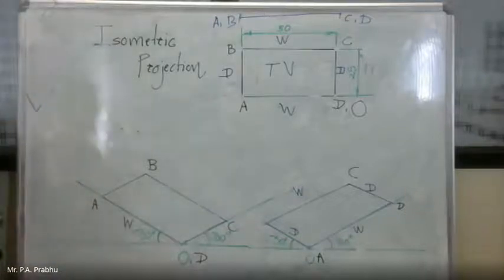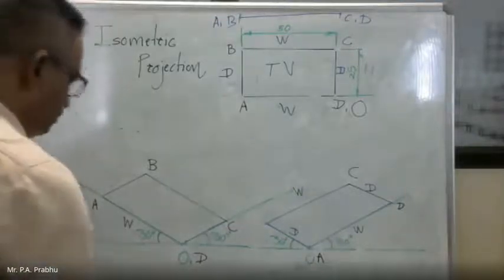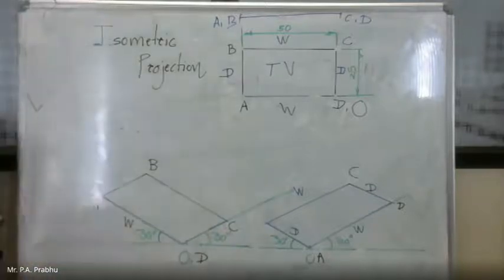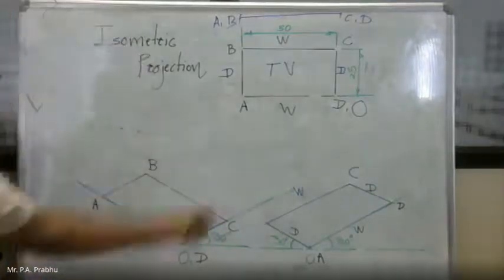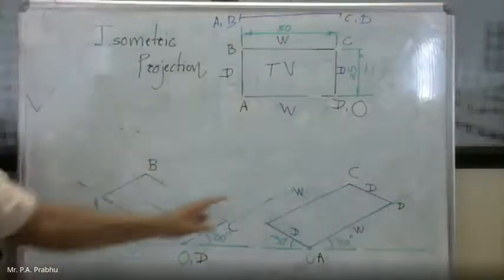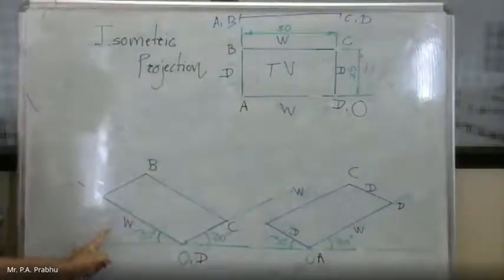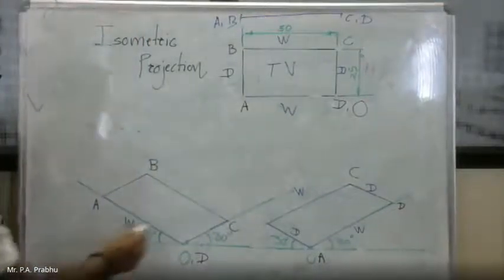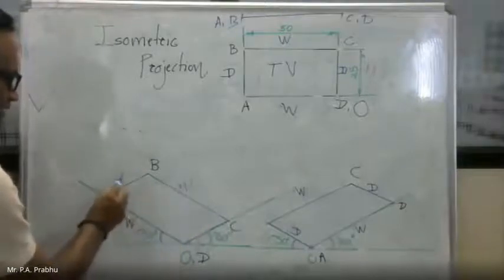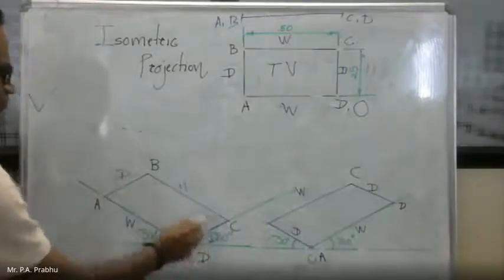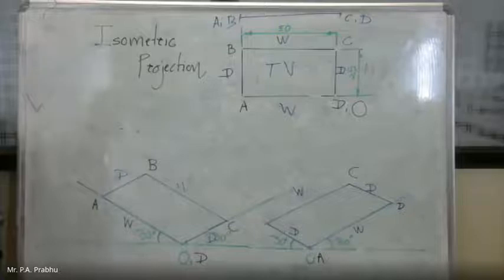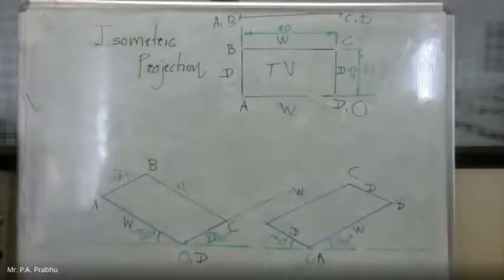So now you can see it. As origin is at right corner, I have marked the width on my left side. So these are width dimension and these are depth. So you can see here, what is the change in isometric drawing when you change the origin.